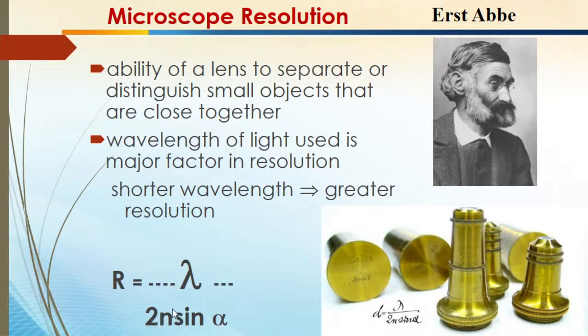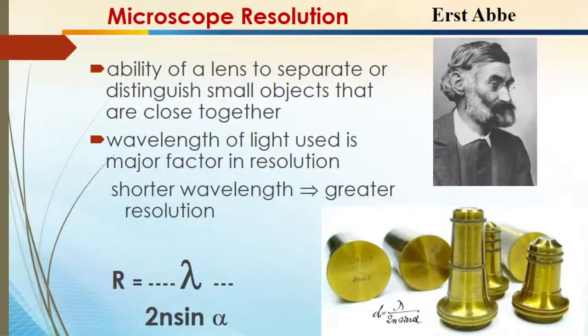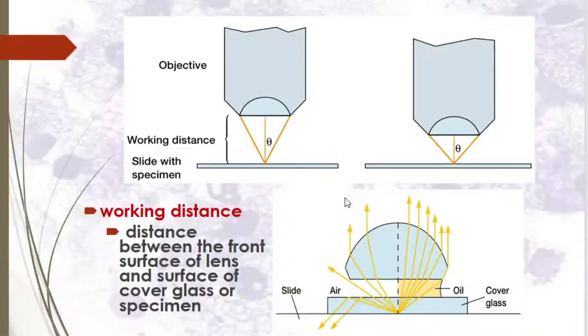N is the numerical aperture, and sine alpha is the angle of the objective lens, which is represented here as the numerical aperture. For example, a short focal length gives more magnification, and a short wavelength gives great resolution.